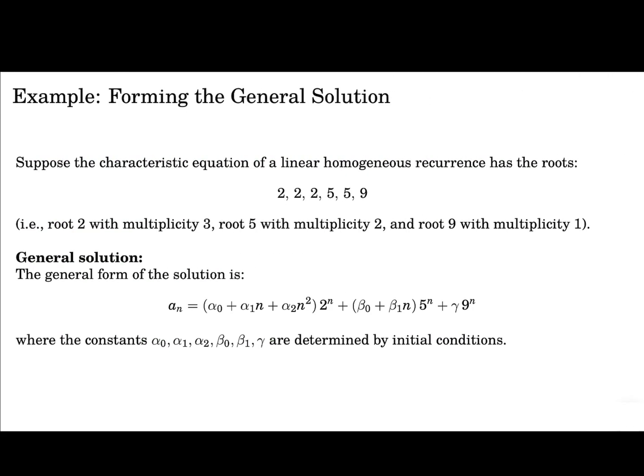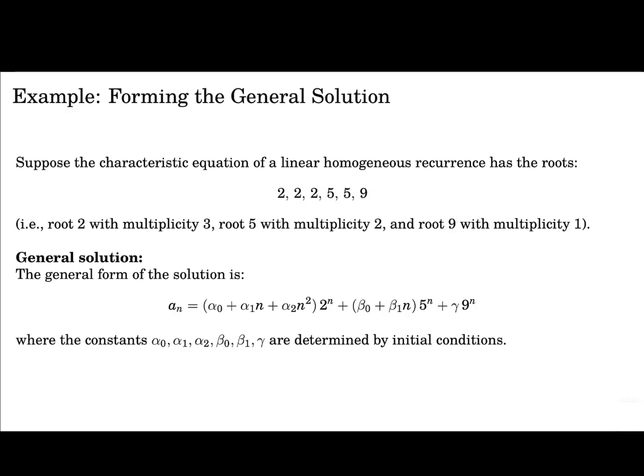And so let's see an example of how this looks in general. Imagine that you solved a problem where the characteristic equation had the following roots. It had the root 2 repeated 3 times, the root 5 repeated 2 times, and the root 9 repeated only once.